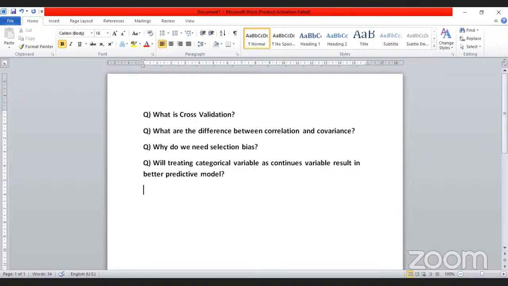Okay. So now we go with the next question. Today's next question is: what does the ROC curve represent and how do you create it?